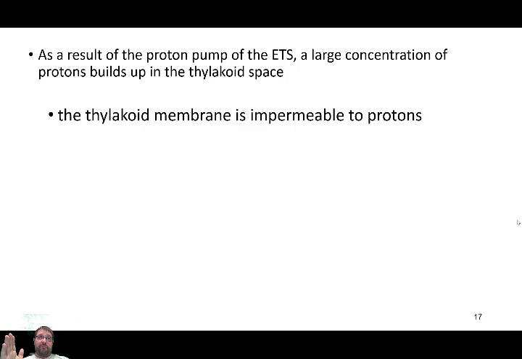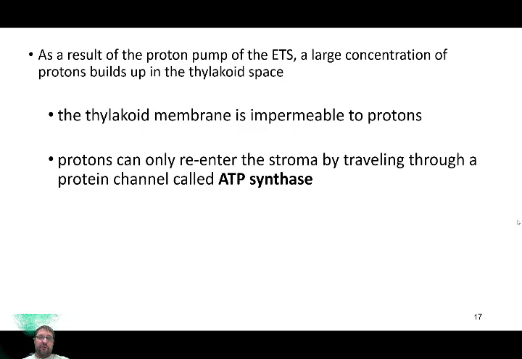They can move across the membrane, but they have to go through a protein channel. The protein channel that these protons or hydrogen ions have to go through is the protein known as ATP synthase. When you see "ase" at the end of a molecule, it often refers to an enzyme. So this is the enzyme that generates ATP.